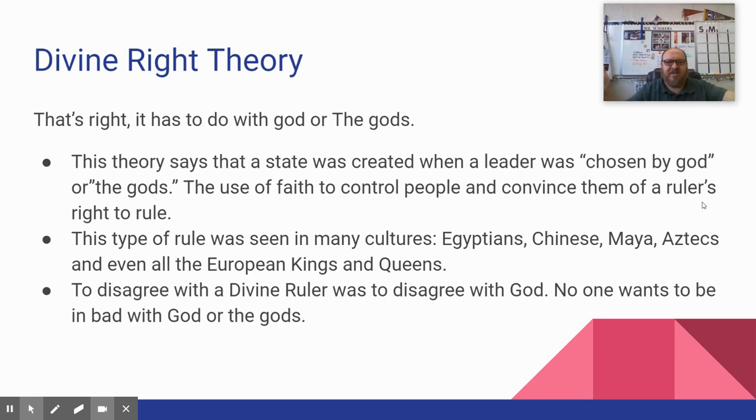The divine right theory. Yes, this does have to do with God or the gods, whichever way you look at it, and depending on the society. So this theory says that a state was created when a leader was chosen by God or by the gods, depending on the society. This is a use of faith to control the people, to convince them of a ruler's right to rule by saying, I have been chosen by God to rule over you.